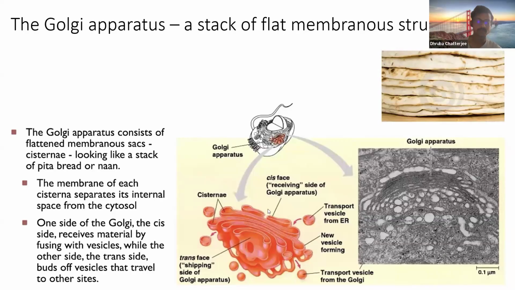And the cis Golgi receives the transport vesicles from the endoplasmic reticulum that carry both the proteins that are to be delivered to the Golgi as well as the new membrane that is to be delivered to the Golgi, right?